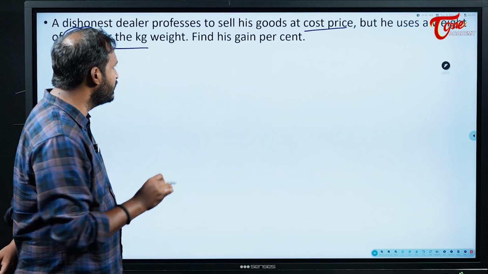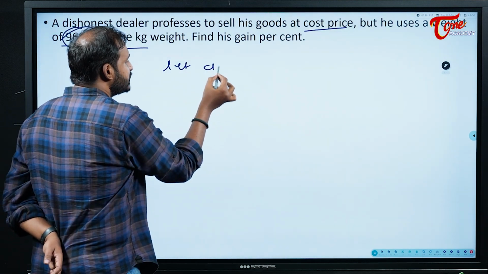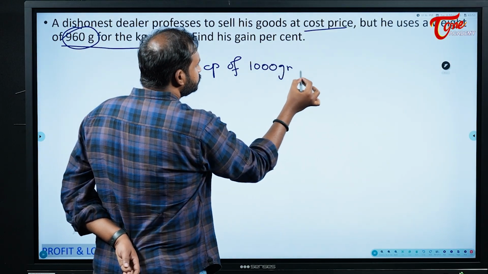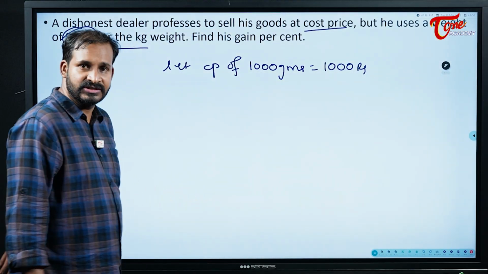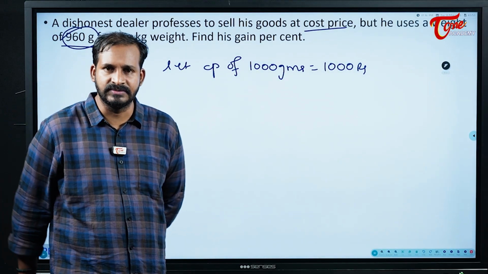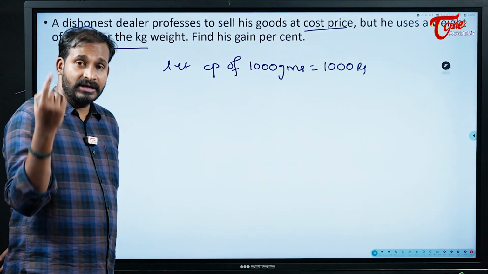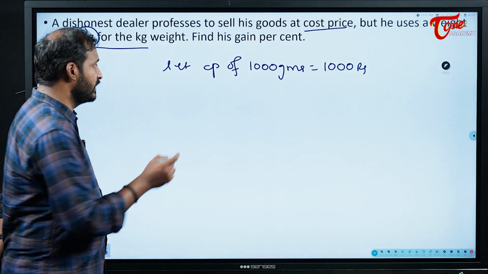Now, please observe here. Let the cost price of 1000 grams be 1000 rupees. Just now I told you, we will always assume 1000 grams as 1000 rupees. Now, what is he actually selling to the customer? He is selling 960 grams.